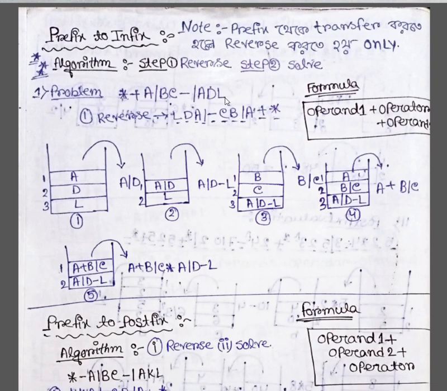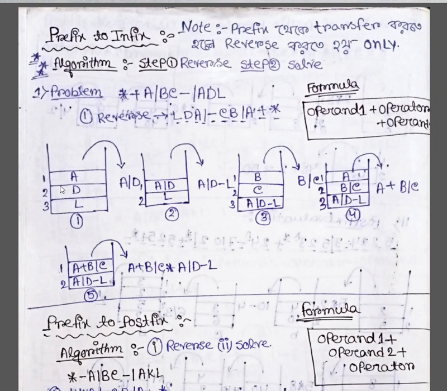So L will be first, then D, then A, then the division operator, then the minus operator, then C, then B, like this. The next step is to solve. The formula for solving this problem is operand 1, operator, then operand 2.